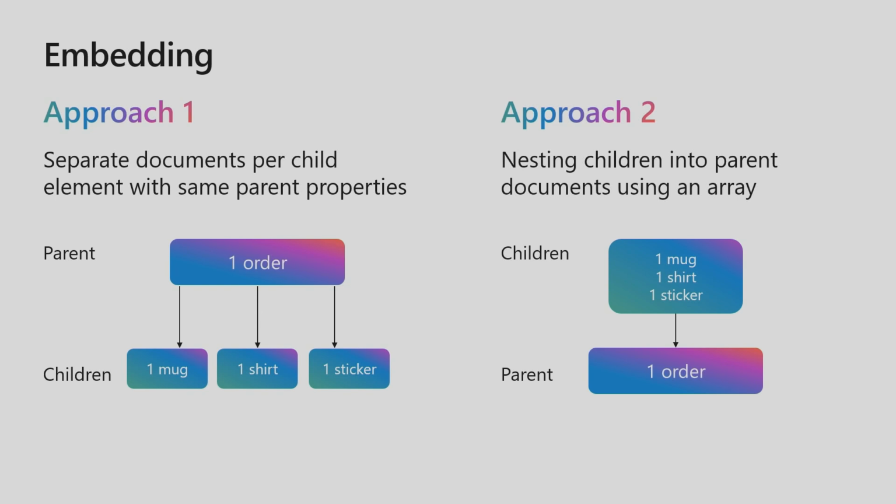Yeah, so we saw one approach where we were embedding all of the products into the order documents itself, but another way we can think about that is approach one, as you can see here, where we have separate documents for each of the products that a customer has bought. For each unique product, we would store all of that information in a separate document, and all of these different products would share the same order ID if they're in the same order.